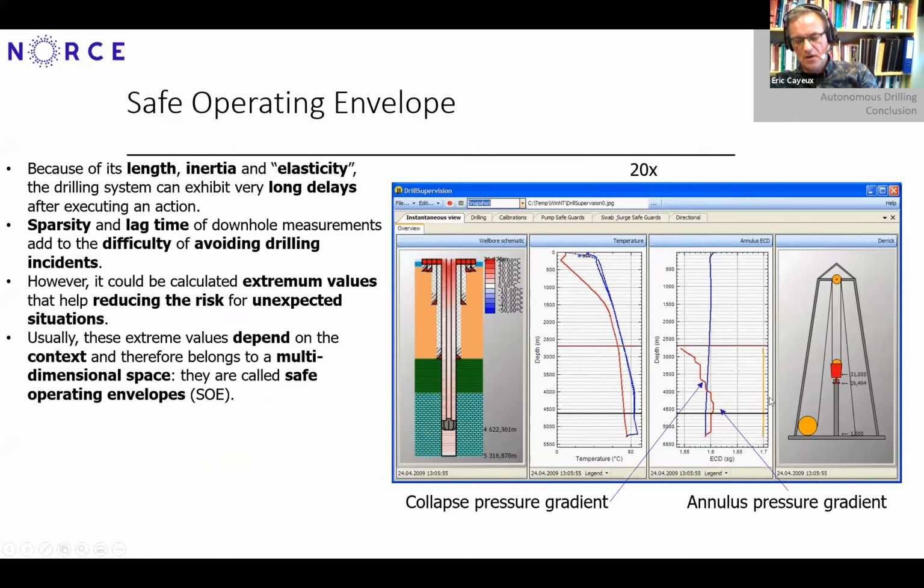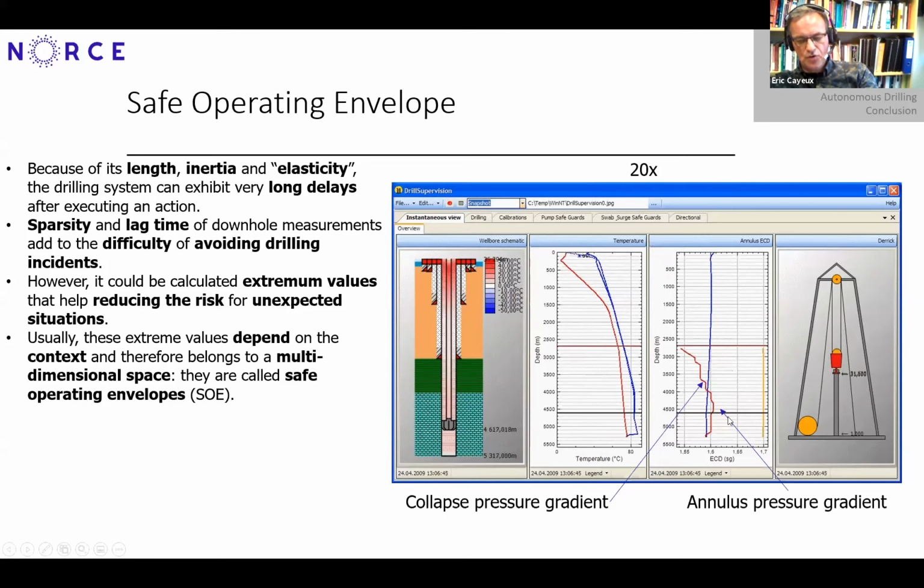You can see here the swabbing effects are just stabilizing past two-thirds of the stand. Before that, it's oscillating quite a lot, and that has to do with the acceleration that we have at the start and the dynamics of the drill string.